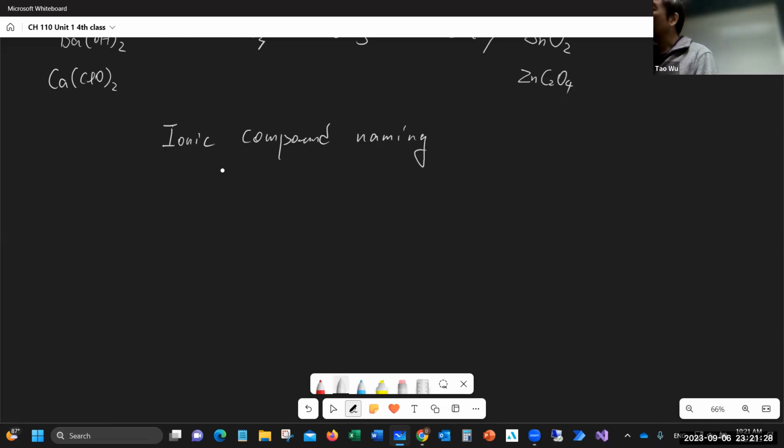And again, an ionic compound is made by a cation and an anion. So as long as you know the name of the cation plus the name of the anion, then you've got the whole name for the compound.